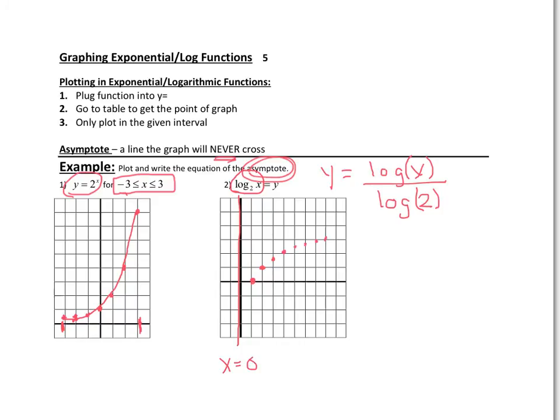For exponential, meaning you have a variable in your exponent, that line is usually the x asymptote, or the x-axis, which is y is equal to 0. If I draw that, log equations get extremely close to the y-axis, but will never cross it, and you need to make sure you're including that part of the graph, even though on your table it's not going to give you those values unless you change your table setting.